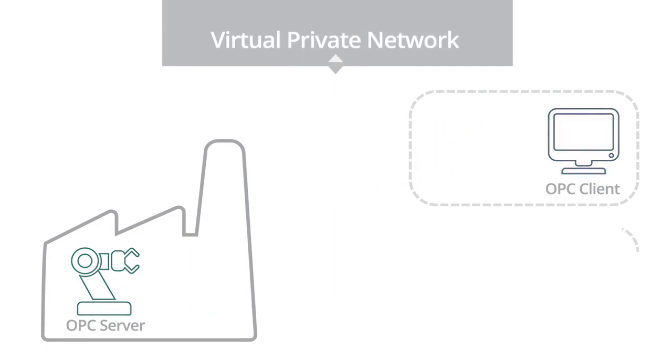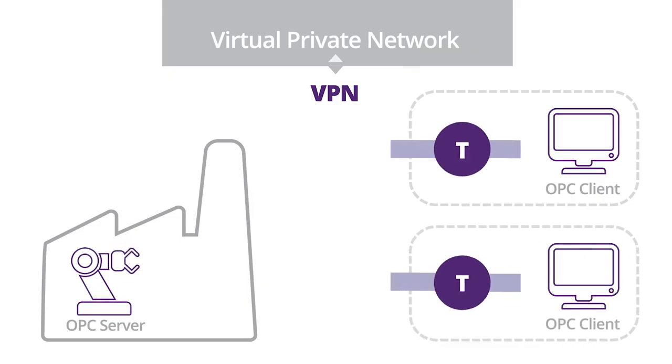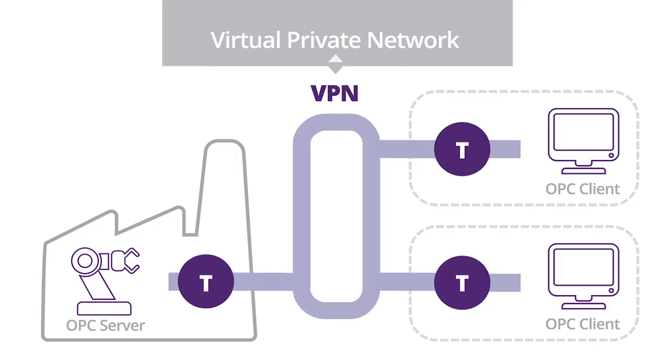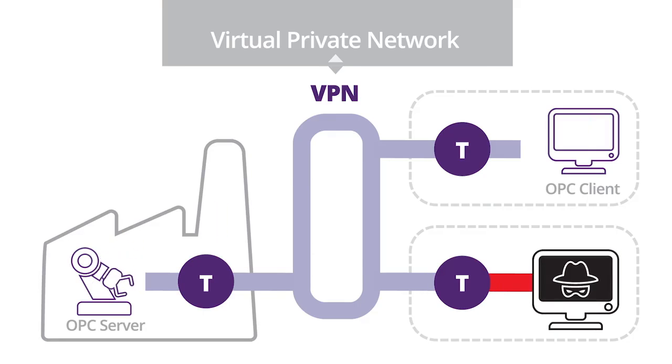Virtual private networks were once thought to be the answer to keeping firewalls closed, but are now recognized as a serious security risk themselves. Simply put, when you join a VPN, every machine can see every other machine. If one machine is compromised, then all other machines on the VPN are open to attack.